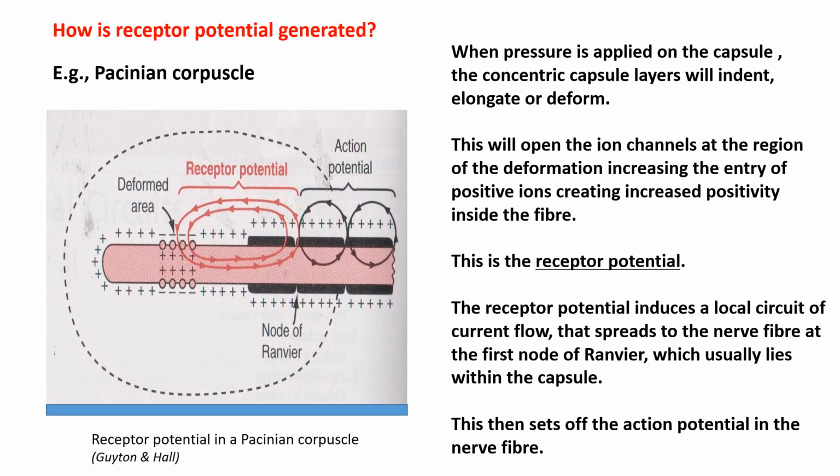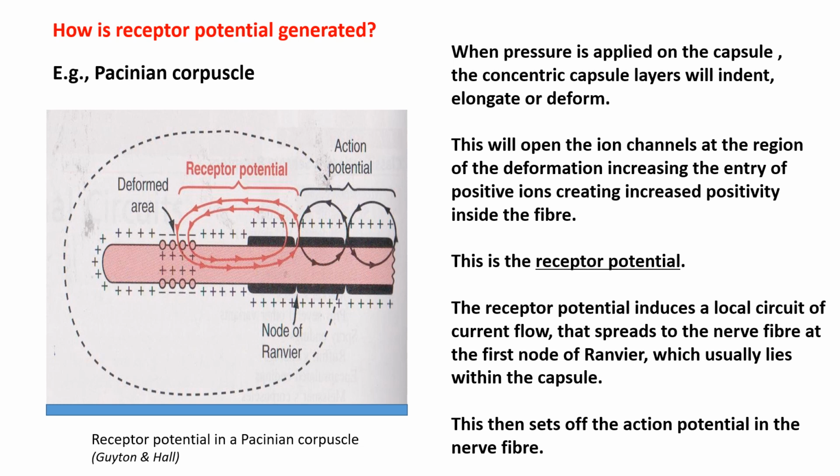That deformity opens up the ion channels at the region where the deformation is. When the permeability of that part of the membrane changes, the ion channels open.